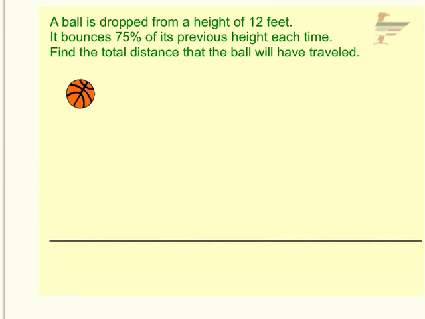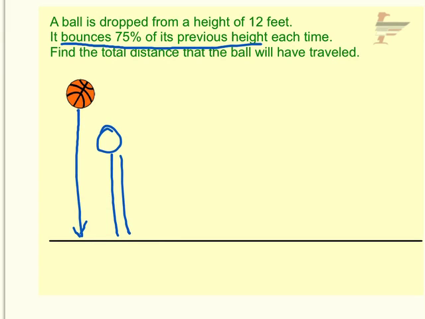And then lastly, there are 2 concept videos on applications of infinite geometric series. So this ball, I won't do the problem, but I'll just talk about what's happening. It drops this distance, but it's going to bounce up 75% of the previous height. So it's going to go up to about there, but then it bounces down again.